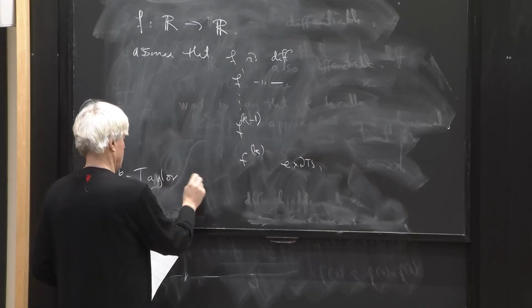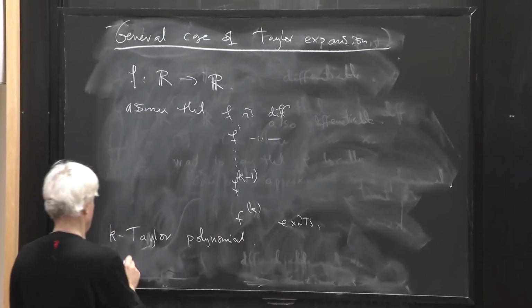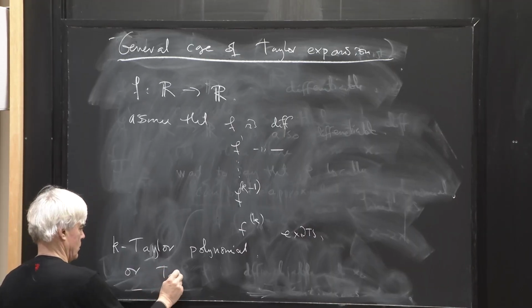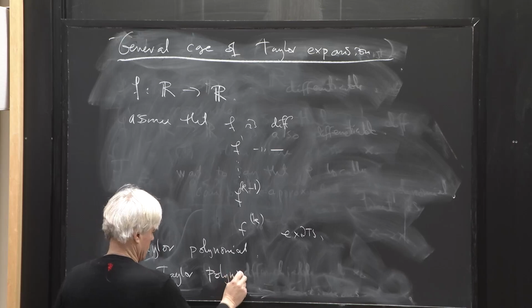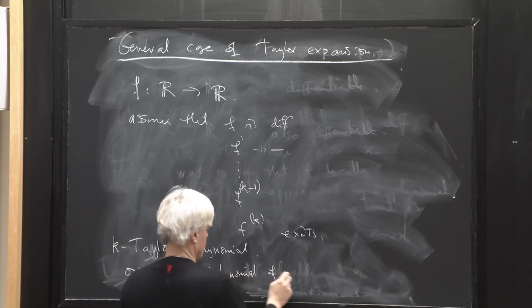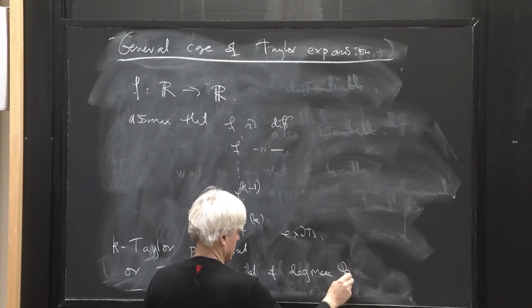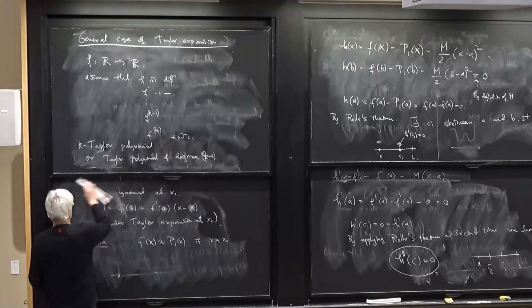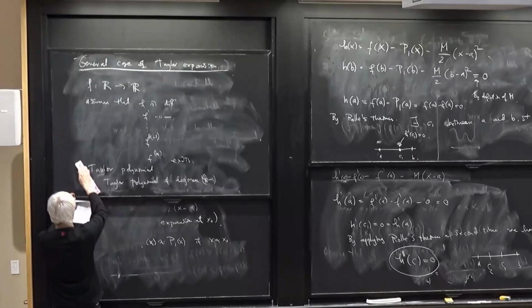sometimes called the Taylor polynomial of degree k minus 1. Sorry, this here should be the k minus 1 Taylor polynomial.